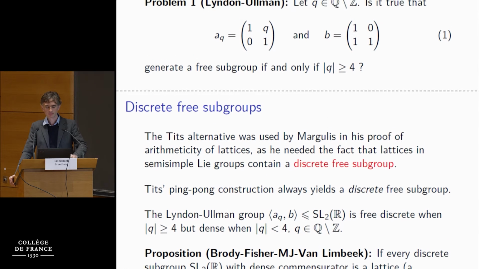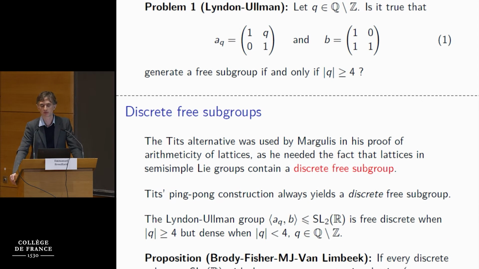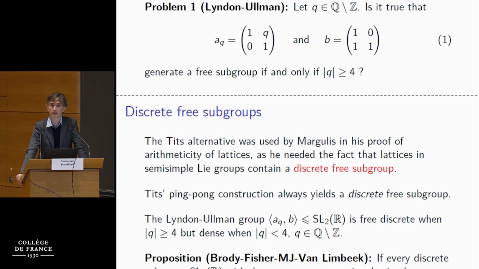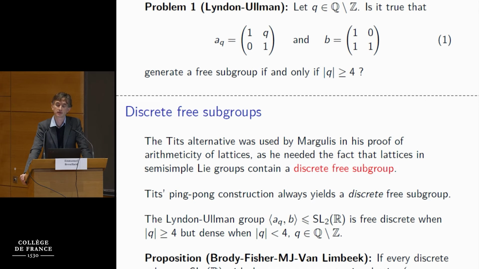As I said, the Tits alternative was used, I didn't say that yet, but I'll say it now, by Margulis in his proof of the arithmeticity of lattices. Actually, before Margulis proved the superrigidity theorem, Mostow proved strong rigidity. And strong rigidity is a statement that allows us to understand lattices, or discrete subgroups of finite covolume, in semi-simple Lie groups.